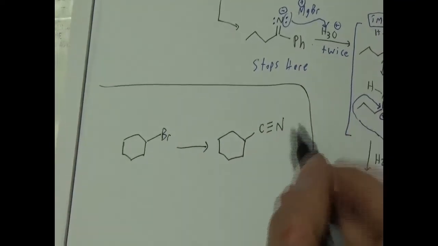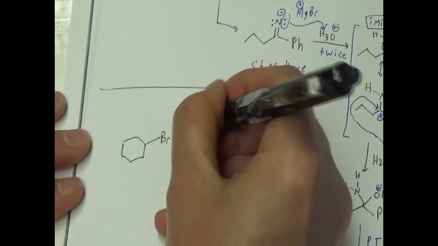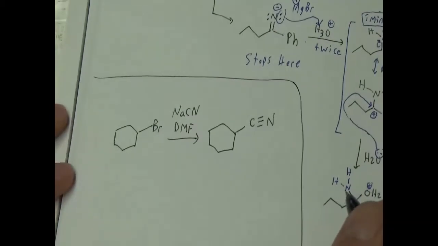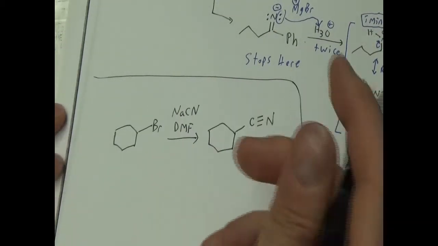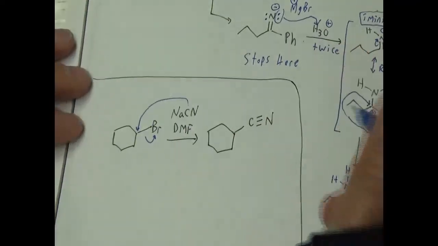What's a good way to make nitriles from alkyl halides? Maybe NaCN in DMF. Good old organic 1 chemistry, right? Just SN2. Carbon attacks carbon, kicks off the Br, and you get the nitrile.